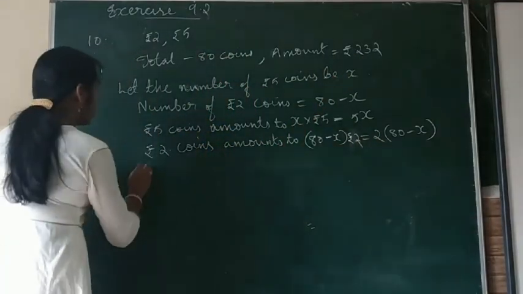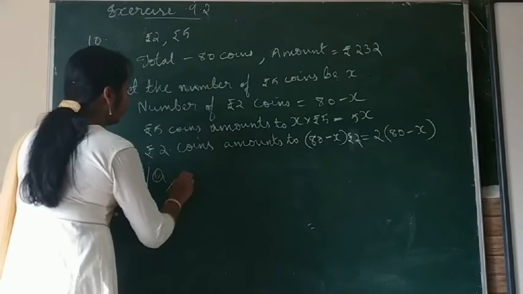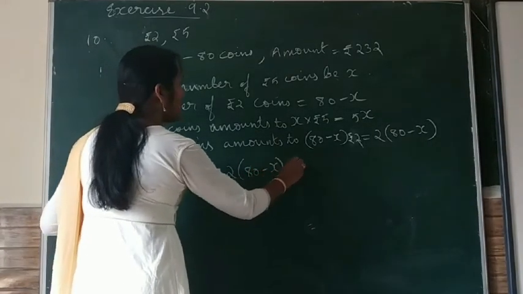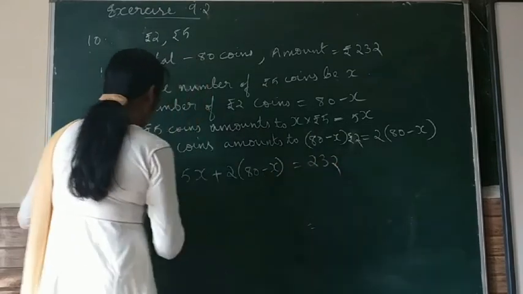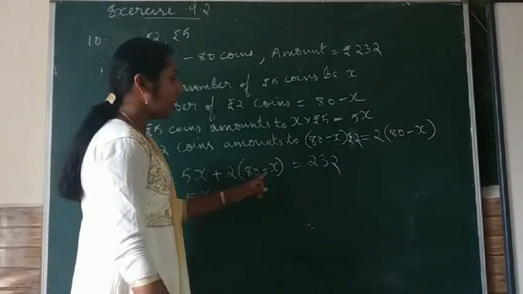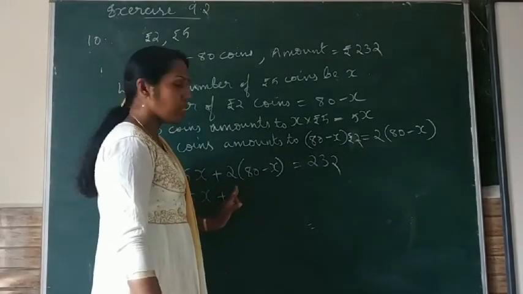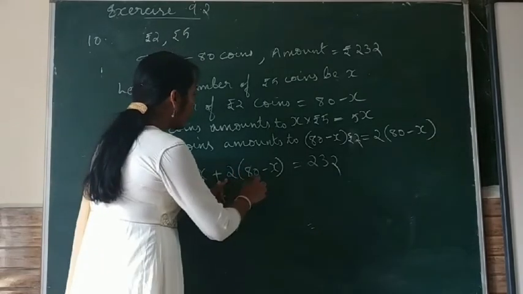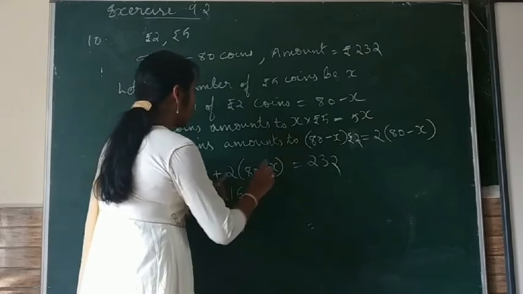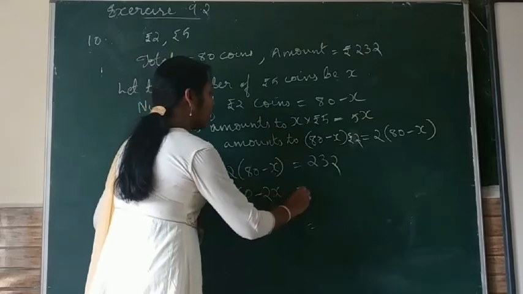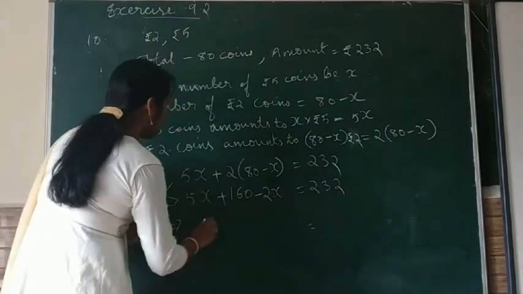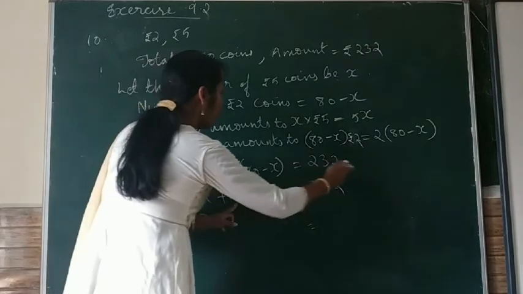So according to the question, we can write 5x plus 2 into 80 minus x is equal to 232, which implies 5x plus 2 into 80 minus x can be simplified by using the distributive property. So 2 into 80 is 160, then 2 into minus x is minus 2x, equal to 232, which implies 5x minus 2x will be 3x and 160 will go to the other side.